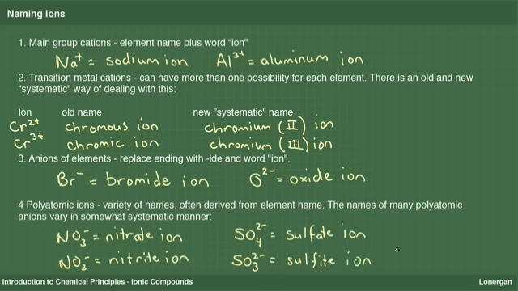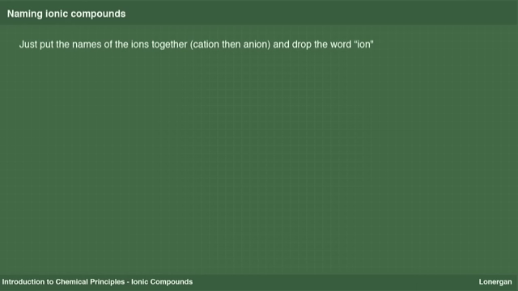Once you understand how to name ions, naming ionic compounds is simple. Just put the cation name first and then the anion name and drop the word ion. Remember, for transition metal cations, the charge needs to be specified. Here are some examples. MgCl2, magnesium chloride. LiF, lithium fluoride.